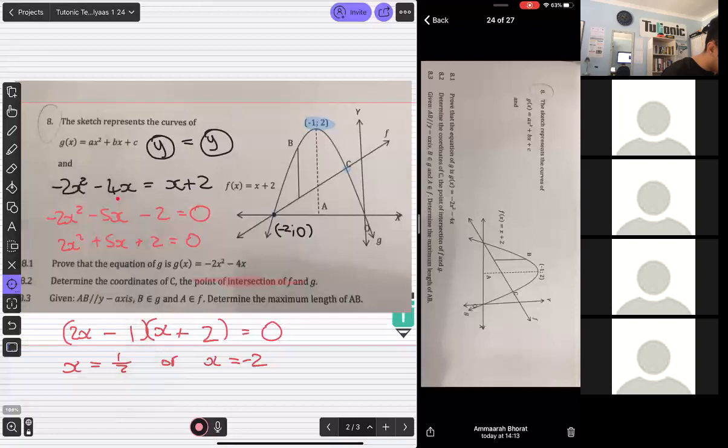Minus 2x squared equals x plus 2, minus 2x squared minus 5x minus 2, 2x squared plus 5x plus 2. Oh, you just swap it. 2, 5, 2.